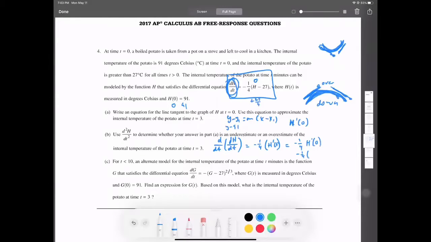Negative 1/4, and that's going to be a positive 27/4. So I see the second derivative is negative, and this was going to be a positive or a negative value.